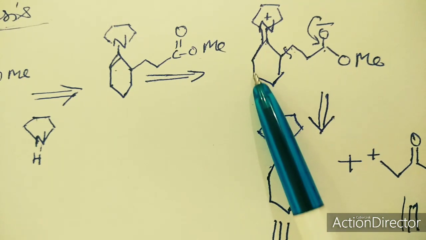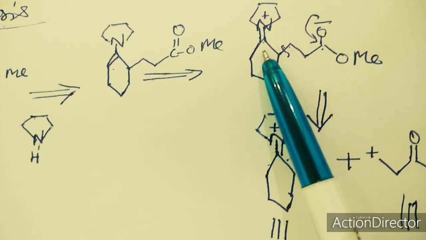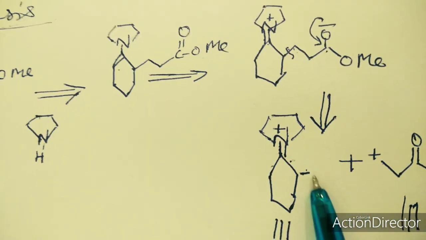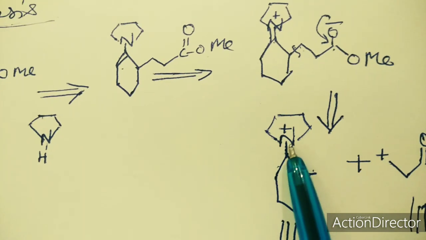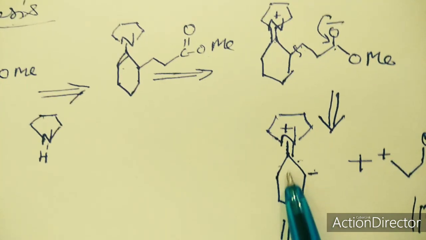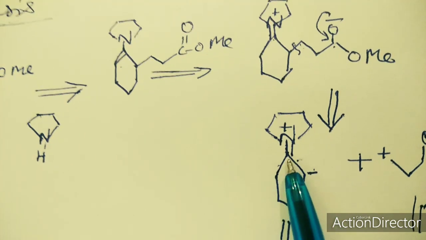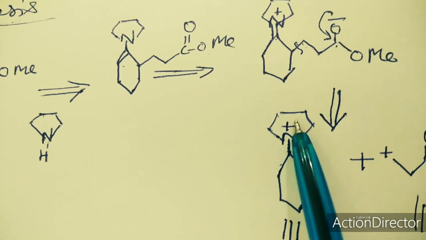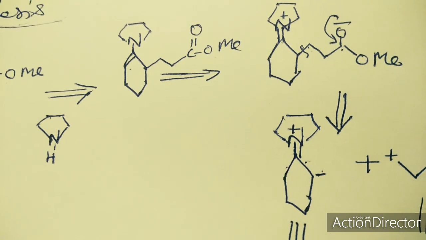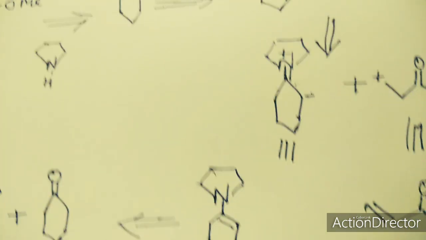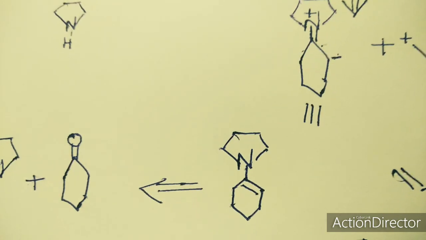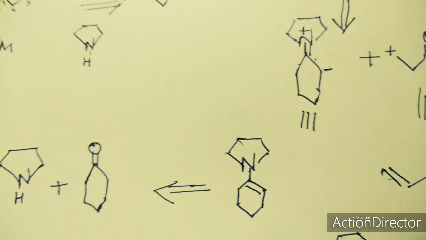Now this one which is negative, obviously this negative charge, because nitrogen has become positive, it will be balanced. How this charge will go here, so consequently the positive charge on nitrogen will disappear, and we will get what was shown earlier, that it is equivalent to this enamine.